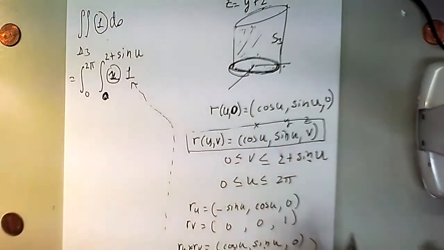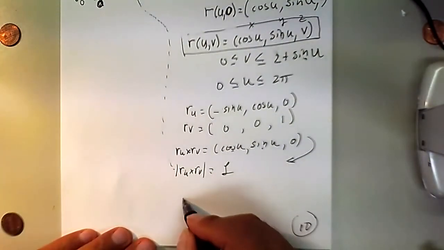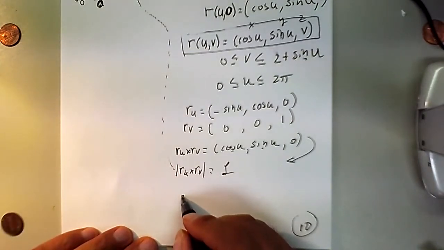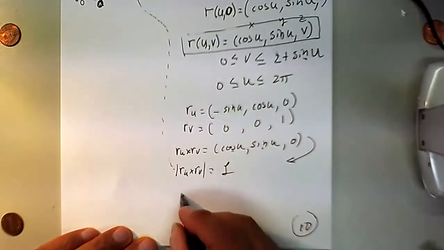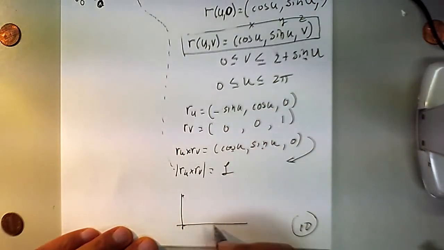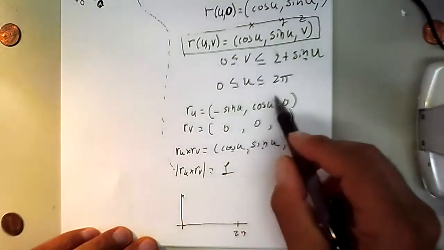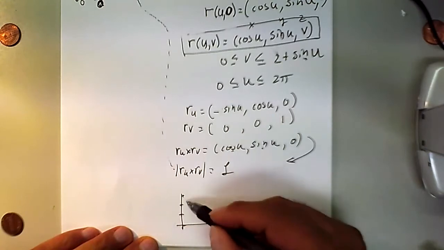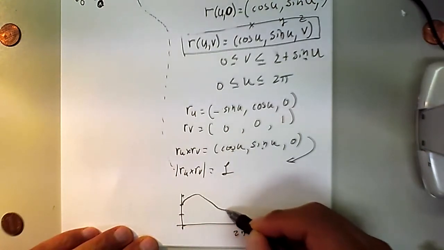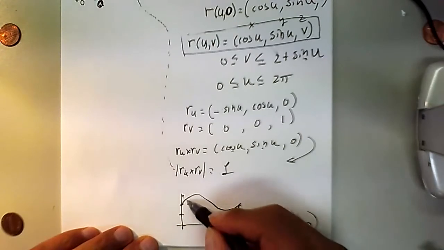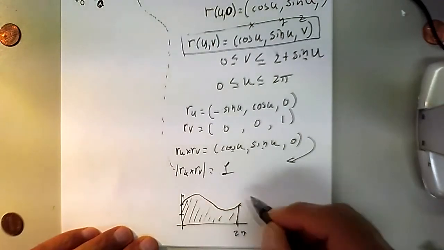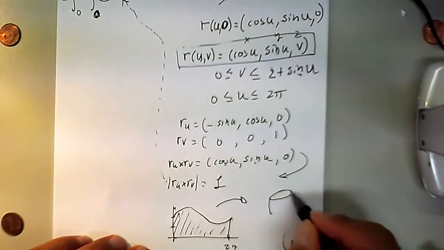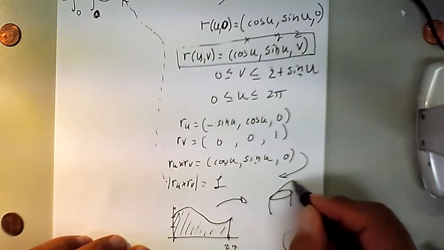By the way, what we are doing is taking this surface, which is not a plane, where u goes from 0 to 2 pi and v is 2, 1, 2, and we are making the surface that we need.